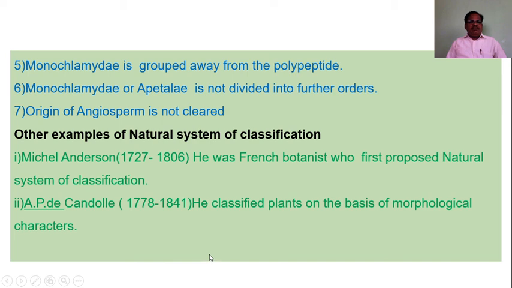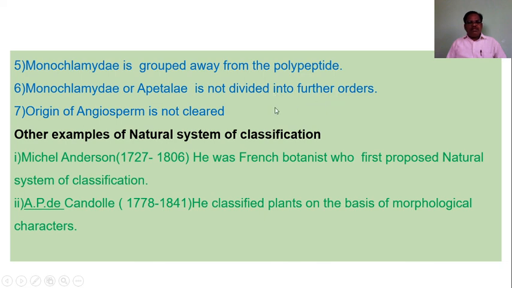Then apetaly is grouped away from polypetaly. It is grouped away, means it wants to come near to or inside the polypetalae, but it goes away outside. Then monocotyledony, monochlamydy or apetaly is not divided further, means the monocots as well as apetaly are not properly divided in this system.